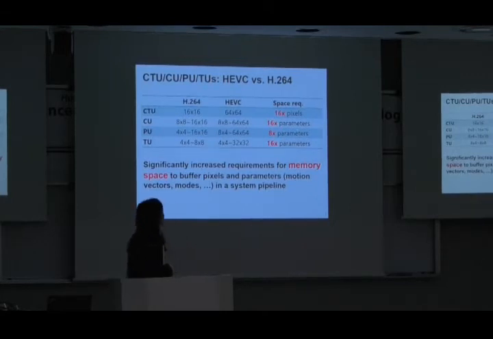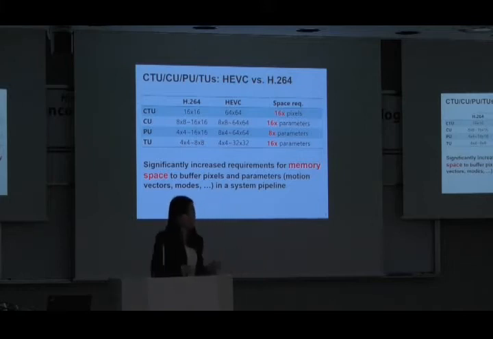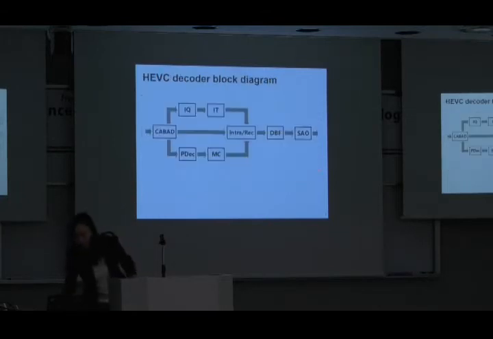Compared with the previous standard, we find that the memory space is increased a lot because the size is increased, the number of sizes is increased, and the size itself is also increased. So here is a summarized result. It means we need a large memory size to buffer it.